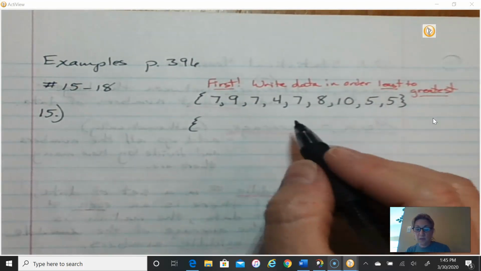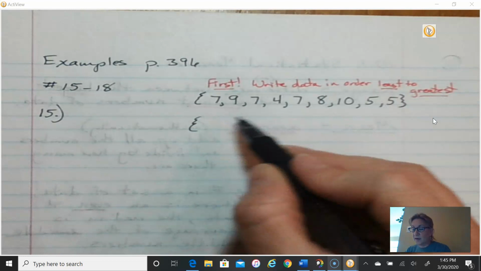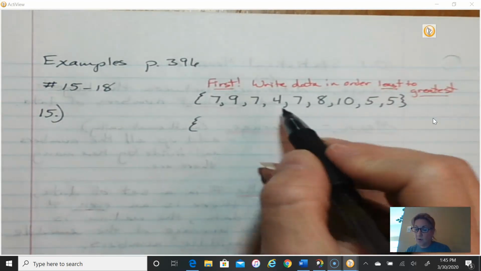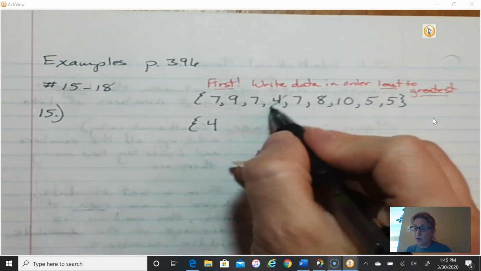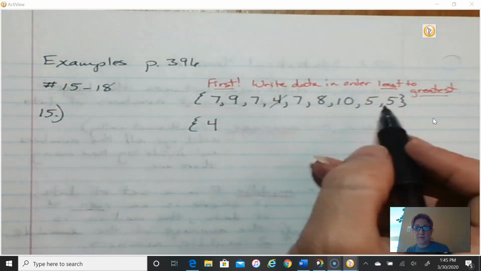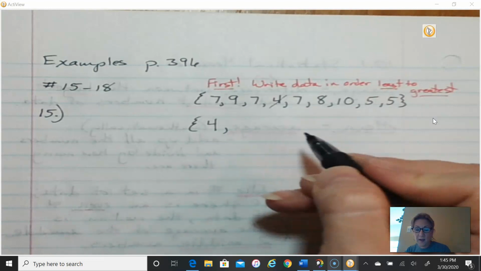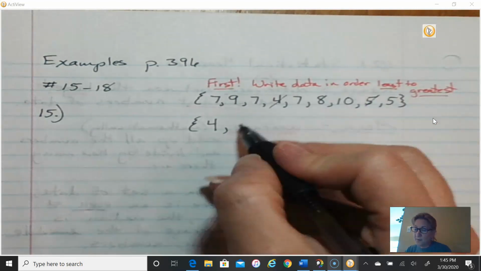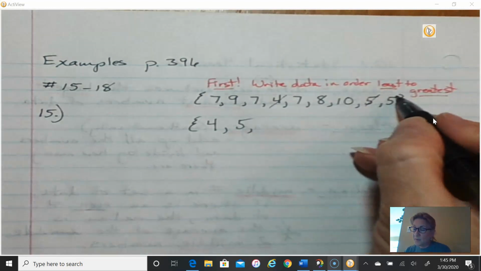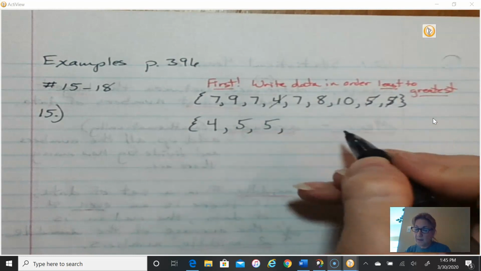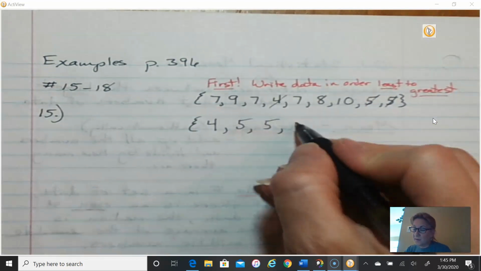All right, so look for the smallest number here, and it's going to be 4. So I'm going to write 4, and I'm crossing it out so I don't get confused and write the same number twice or forget one. The next one's going to be 5, and then 5, and then we have a bunch of 7s.